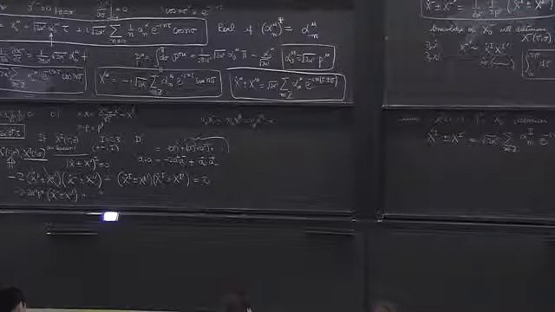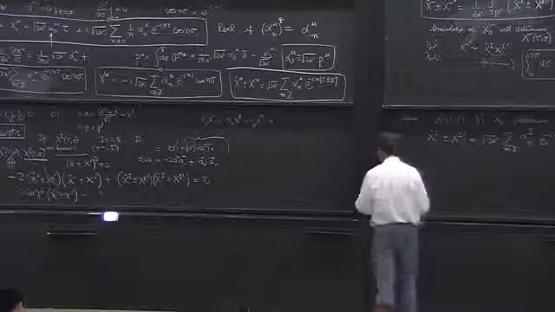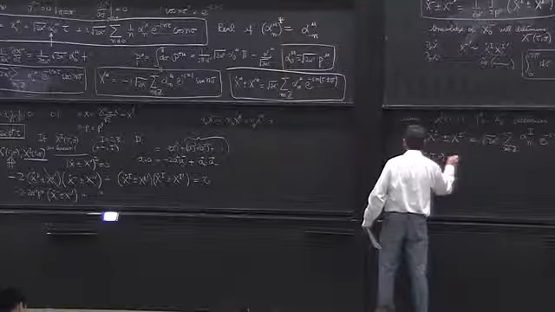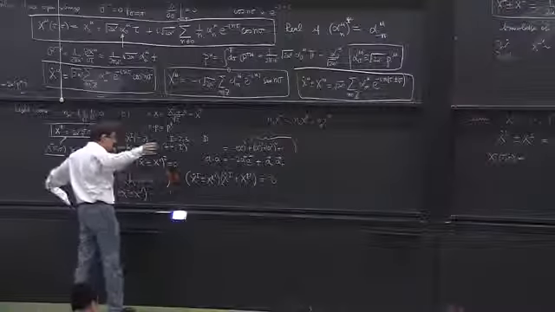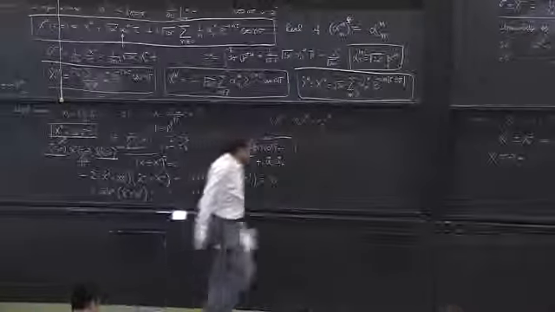Now, how about x minus? We want to figure out what x minus is. So x minus of tau and sigma, given our general expansion. X minus is just another coordinate that needs to be solved. So I will write it.